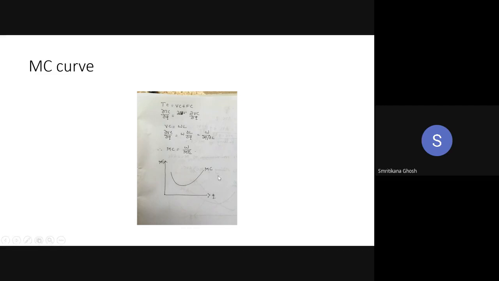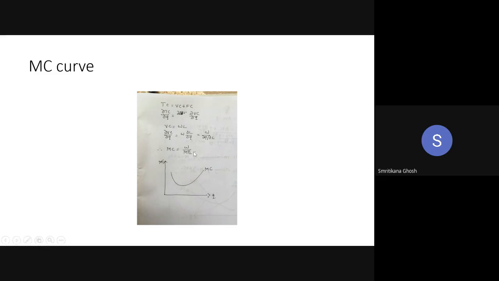This is how you can draw, or you can just go to your total cost curve. There you make some tangent, the slope of the total cost curve for different quantity produced, and just like the diagram of the marginal product, you can do it in case of marginal cost, or you just apply this relationship between marginal cost and marginal product and draw your marginal cost curve. So there are 2 ways to draw the marginal cost curve.